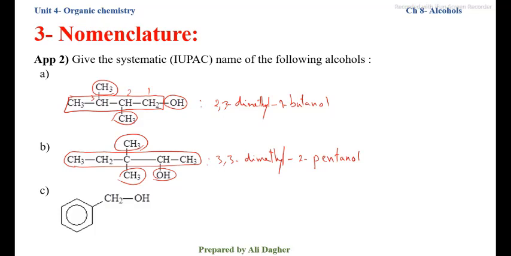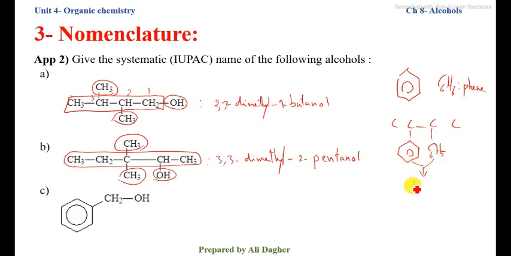Now, the benzene, or C6H6, the systematic name of benzene is phen. But when the benzene is connected as an alkyl group to a carbon chain, as C6H5, then it's called phenyl.